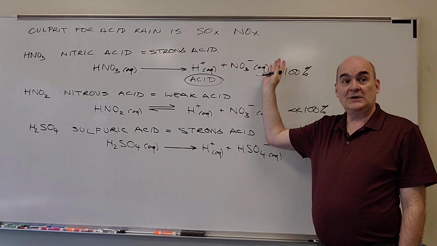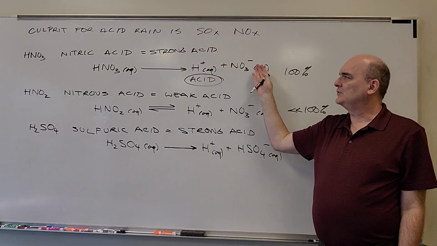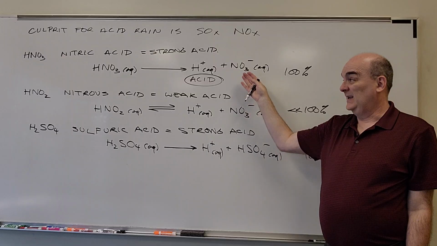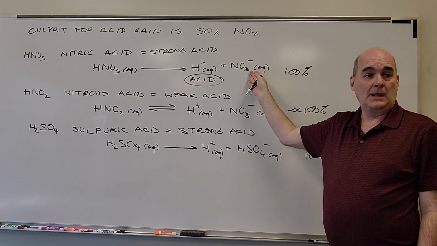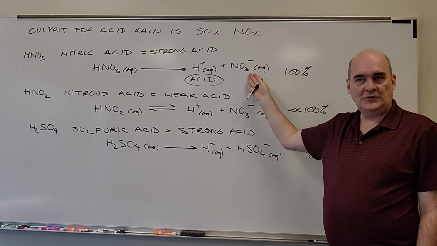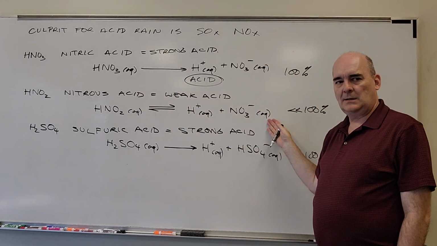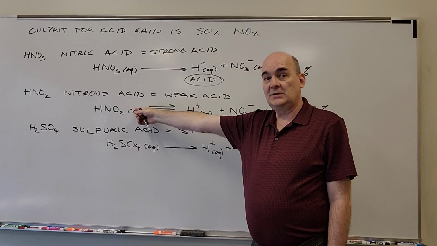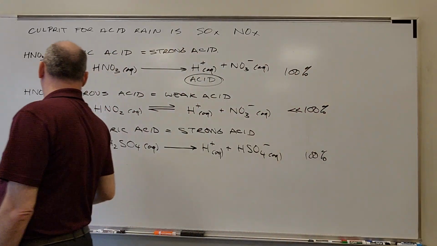If you're a dissolved ion, you're an electrolyte. The difference between being a strong acid and being a weak acid is the amount of electrolyte that it puts into solution. This one gives me lots for the same concentration. This one gives me very little for the same concentration of the initial acid that I start with. Okay.